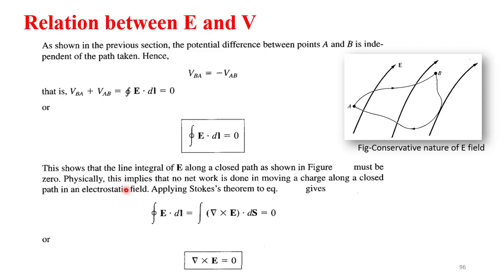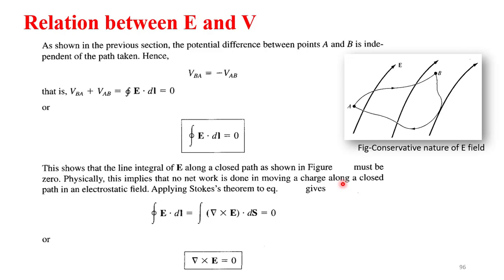So this shows that the line integral of E along a closed path, as shown in the figure, must be 0. Physically it implies that no work is done in moving a point charge along this closed path, even though the electrostatic field is present there.